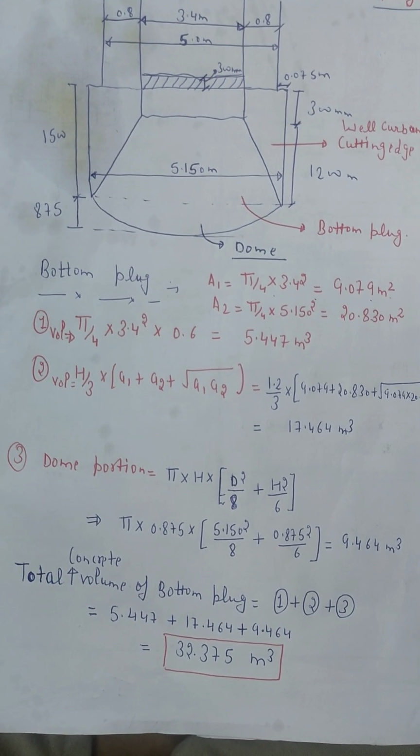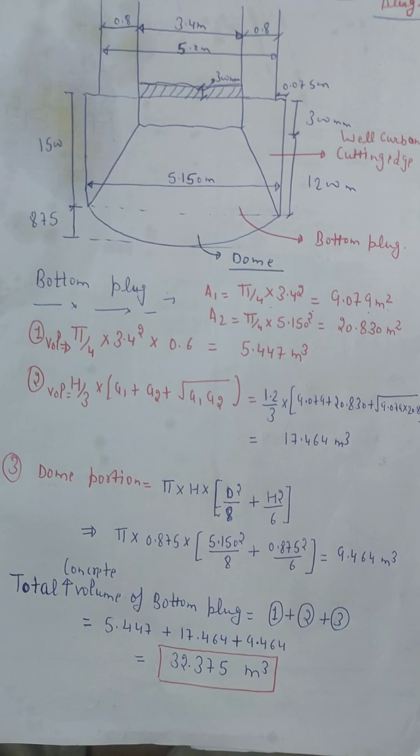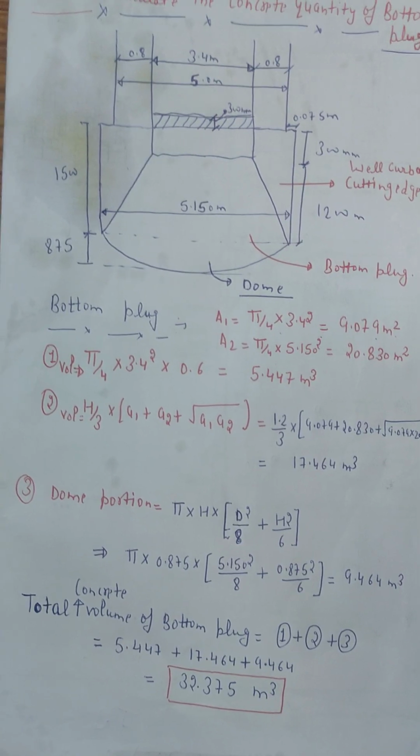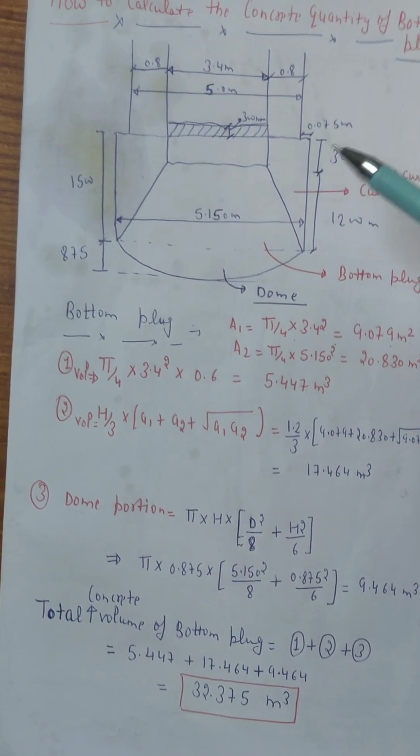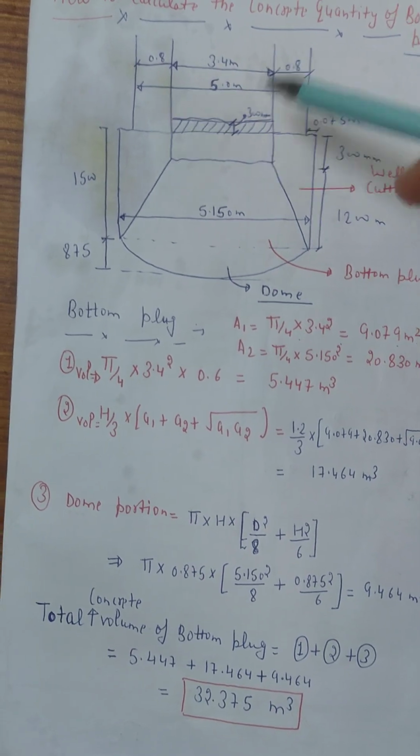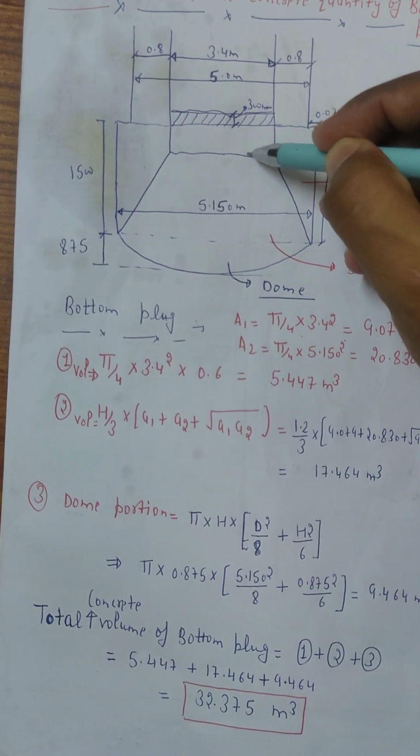Now we have to calculate the volume of concrete quantity of the part which is 300 mm this and 300 mm this.